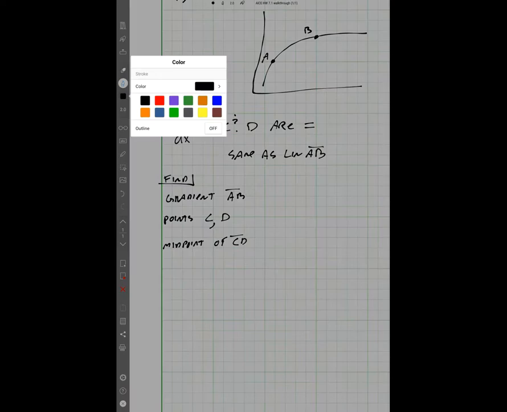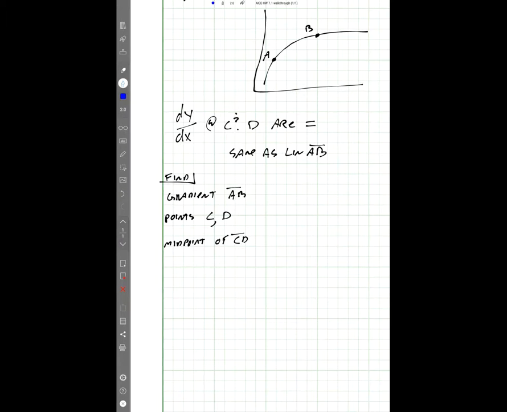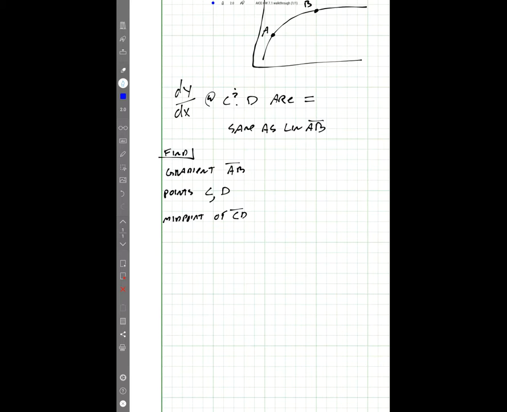So let's see what we can determine right now. We could do the gradient of AB because we have the 2 points. So m of AB, change in y: 11 minus negative 1 over 4 minus 1. So the gradient of AB is 4.